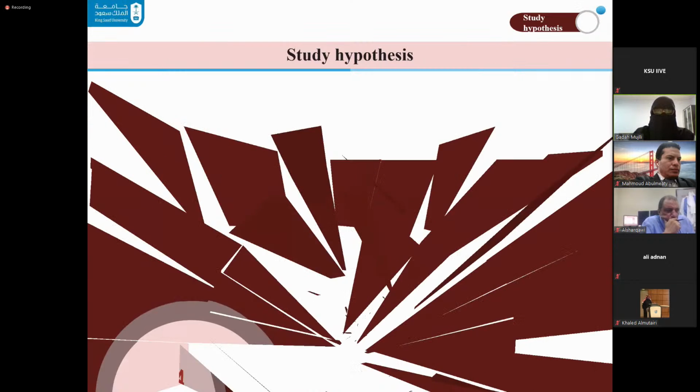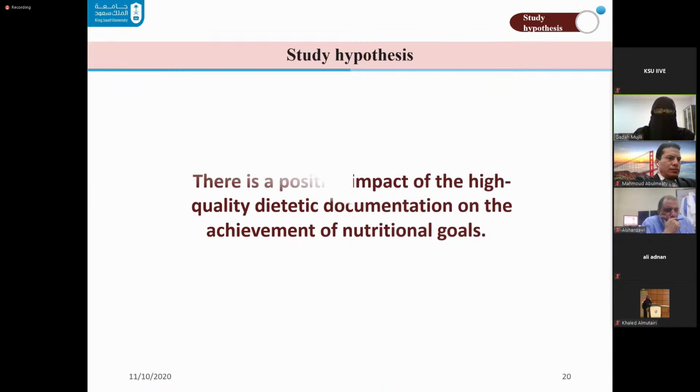Our hypothesis was that there is a positive impact of high quality dietetic documentation on the achievement of nutritional goals.